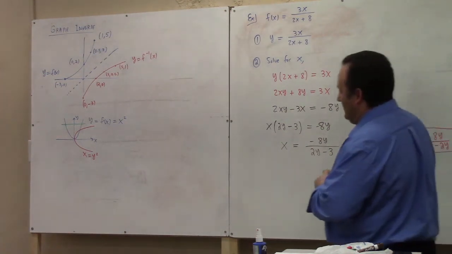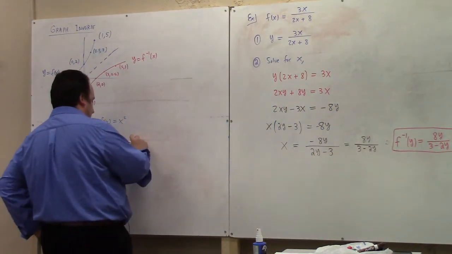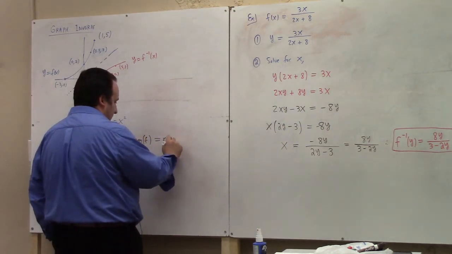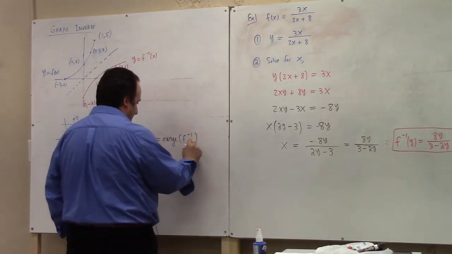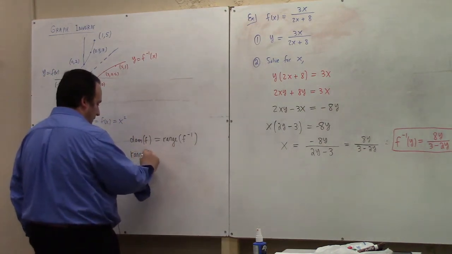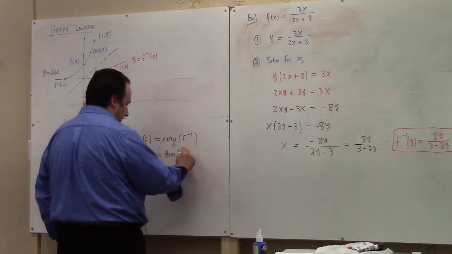So what's the interplay? The domain of f is equal to the range of the inverse function, and the range of the function is equal to the domain of the inverse function.